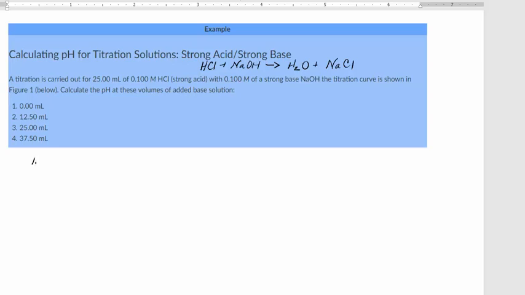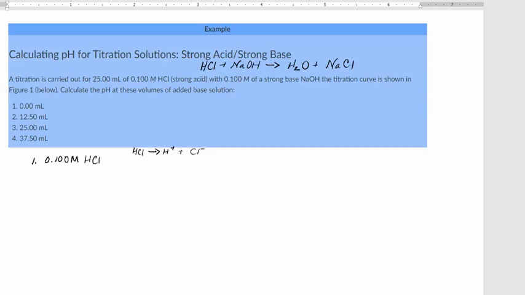Now at first, we're asked to calculate that pH when no base has been added. So the pH is going to be dependent on the molarity of the acid. Remember, hydrochloric acid is a strong acid, so it completely dissociates into its protons and chloride ions.